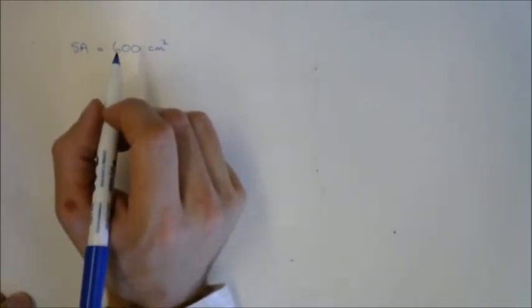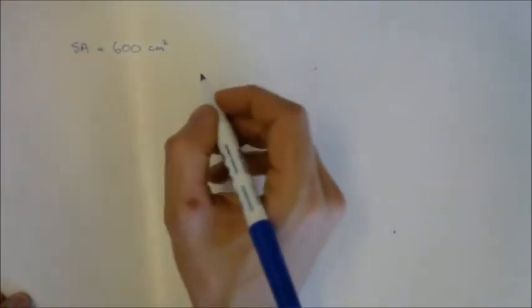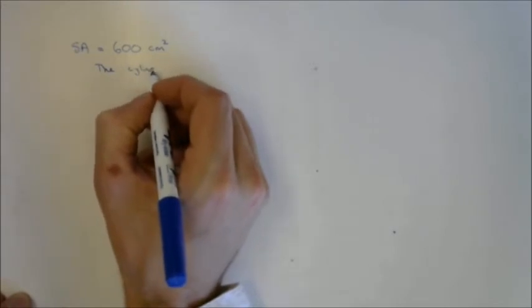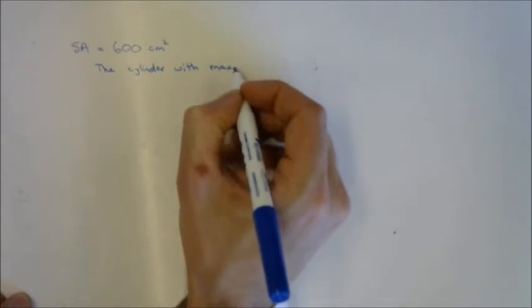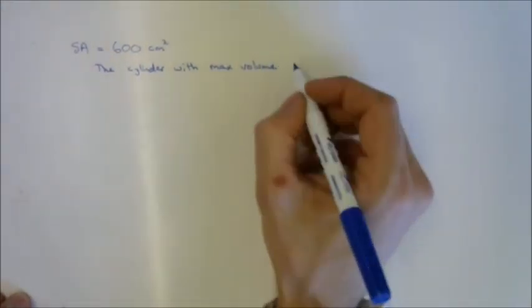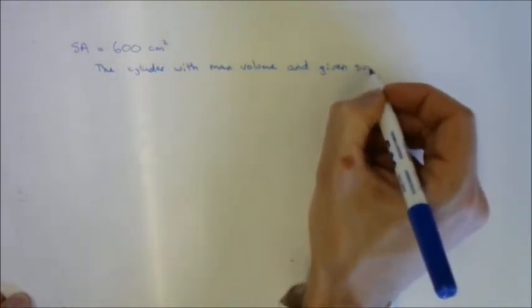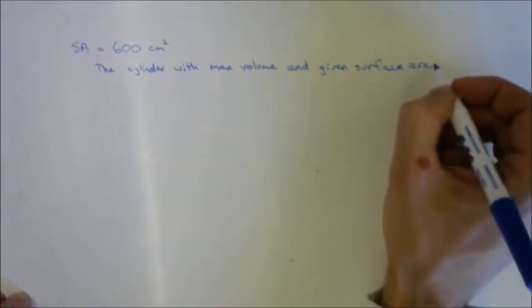And actually, what we needed to learn is that the cylinder with max volume and given surface area, so that's what we're trying to figure out. We're given a surface area and we want to find max volume.